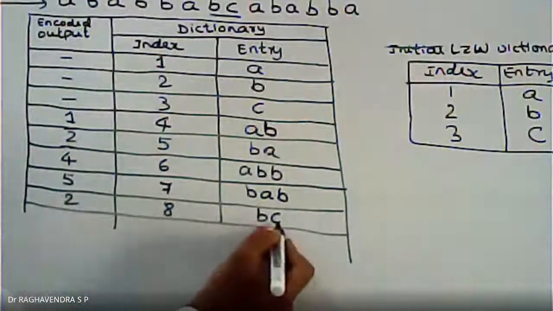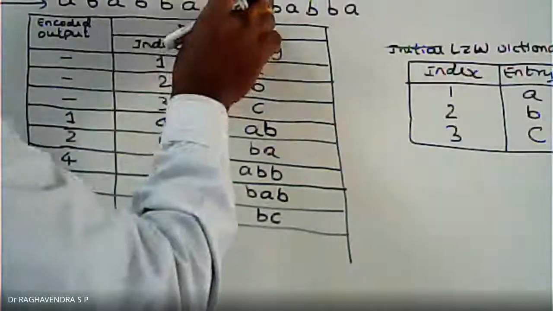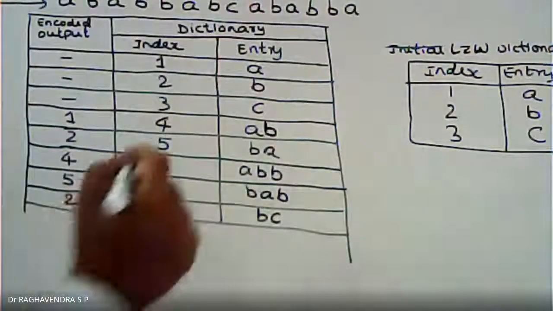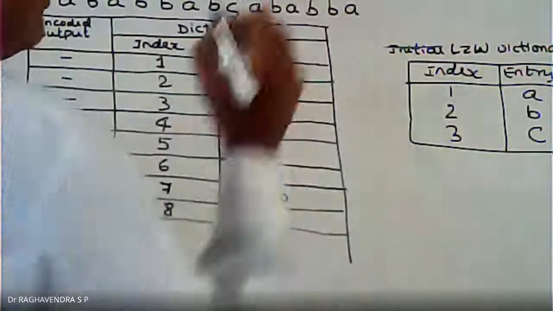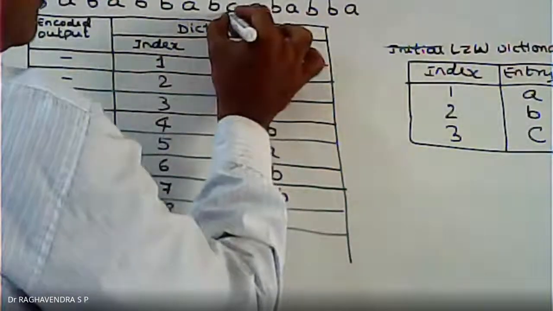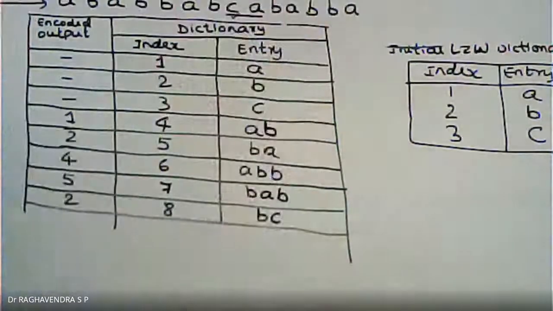What is the last value inserted here? C. So we have to continue from C. Now we continue. CA. Whether CA already exists? No, sir.